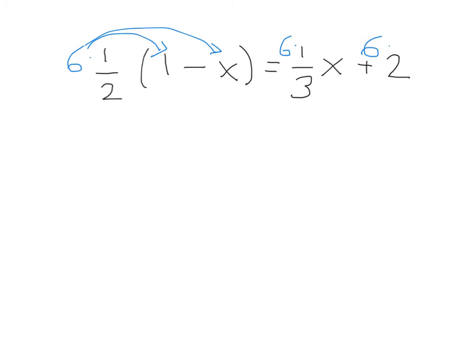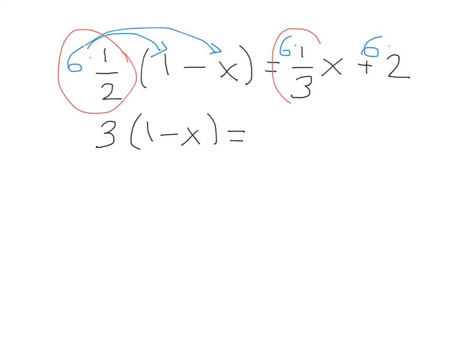Now, if I look at the fractions now, 6 times 1 is 6, divide by 2, leaves me with a 3 in front of that bracket. The fraction's gone. And over here, on the right side, 6 times 1 is 6, divide by 3, we get 2x plus 12.